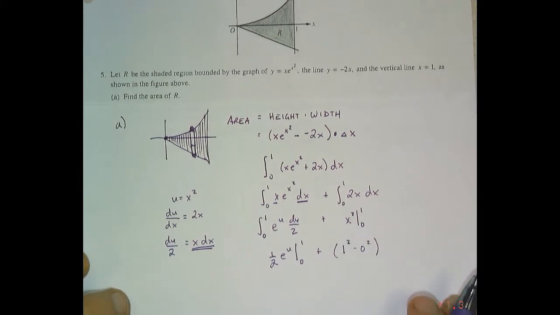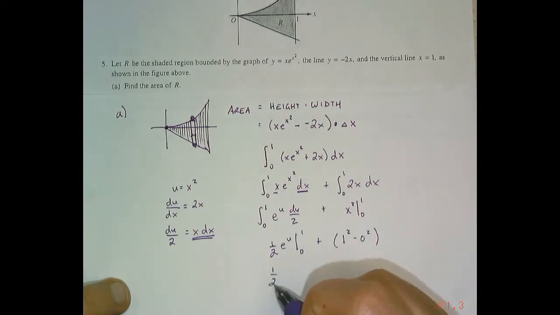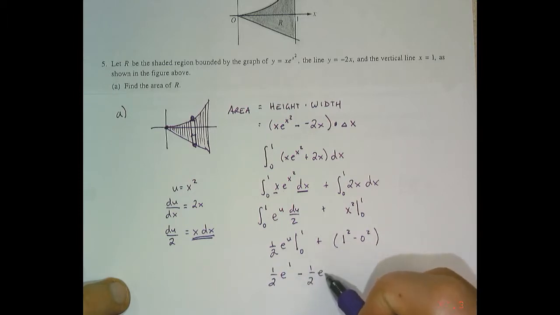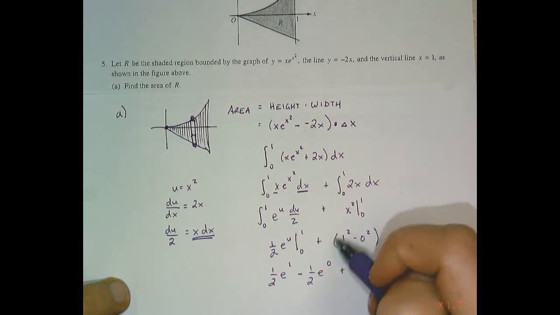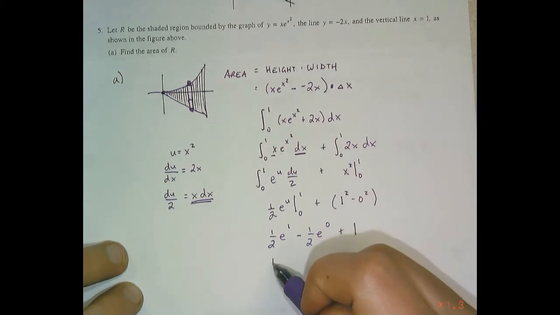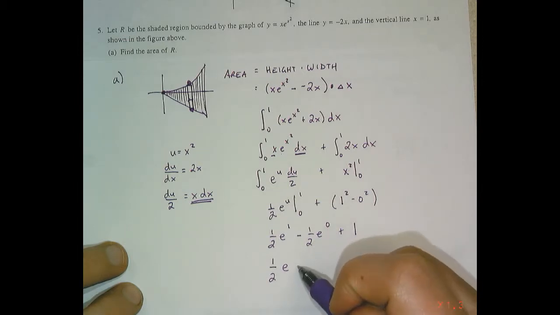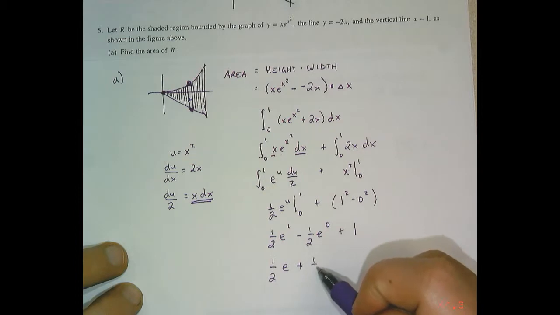And then finally, we have to simplify this expression, 1/2 e to the 1 minus 1/2 e to the 0, and then plus this value totaling 1. e to the 0 is equal to 1, so we have 1/2 e minus 1/2 plus 1 is plus 1/2.